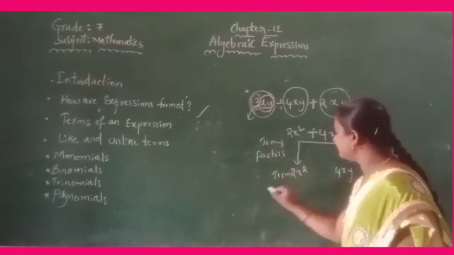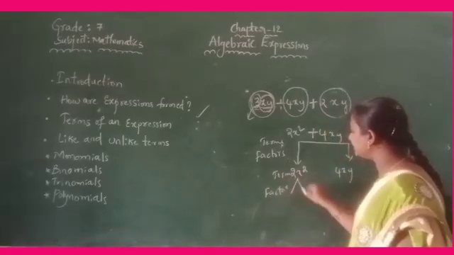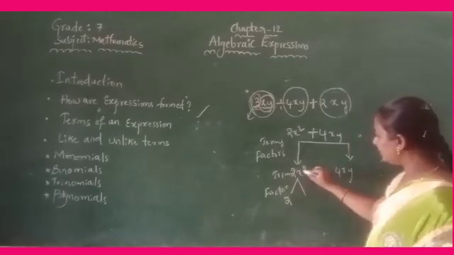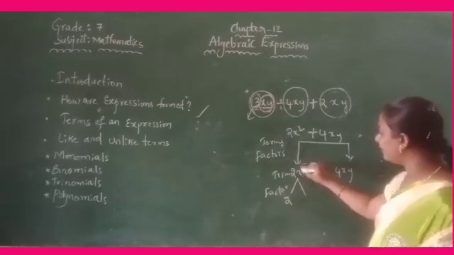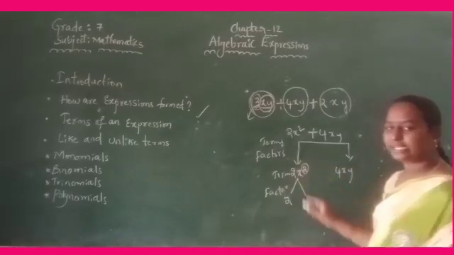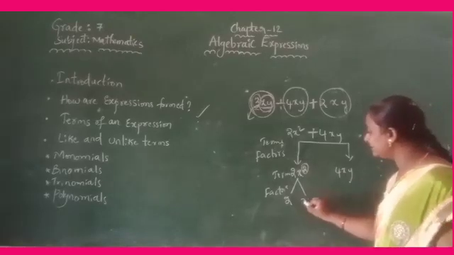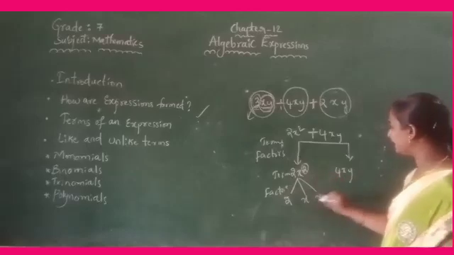These are the terms, and the factors are as follows. For 2x square, the factors are 2, and x square, x to the power 2, where 2 is the power of x. X square means x raised two times, that is x into x. These are the factors.